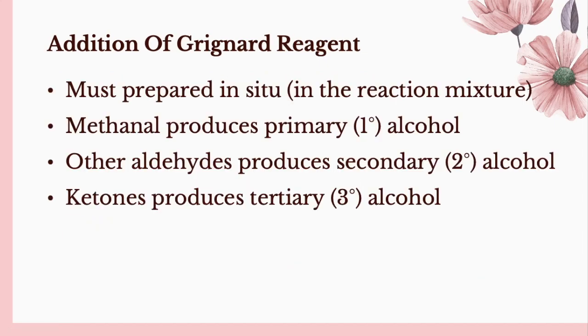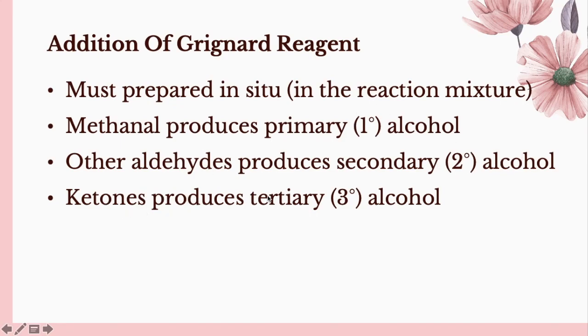Addition of Grignard reagent must be prepared in situ in the reaction mixture. In situ means in the reaction mixture. Methanal, the aldehyde that consists of one carbon only, produces primary alcohol. Other aldehydes, meaning aldehydes with more than one carbon, produce secondary alcohol.